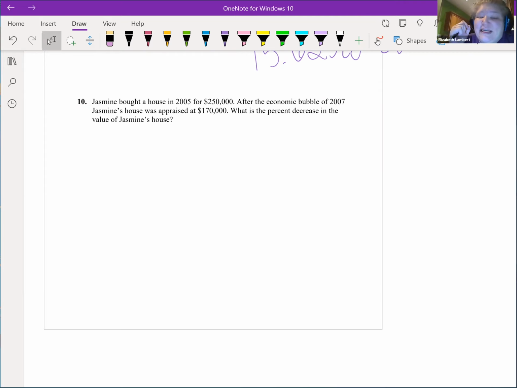What is the percent decrease in the appraisal value of Jasmine's home? This doesn't actually mean it's worth that much. It just means if she tried to sell it in 2007, she wouldn't get as good a price as what she paid. But we can take the numbers and figure out the decrease. So the original is $250,000.